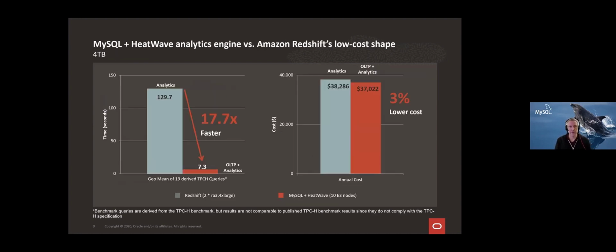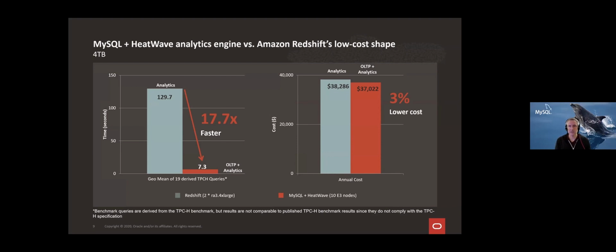So if you compare, for example, I was mentioning Redshift. We did some benchmarking again using those TPCH queries. It's 19 TPCH queries, Redshift versus HeatWave, MySQL plus the HeatWave option. We did two tests.